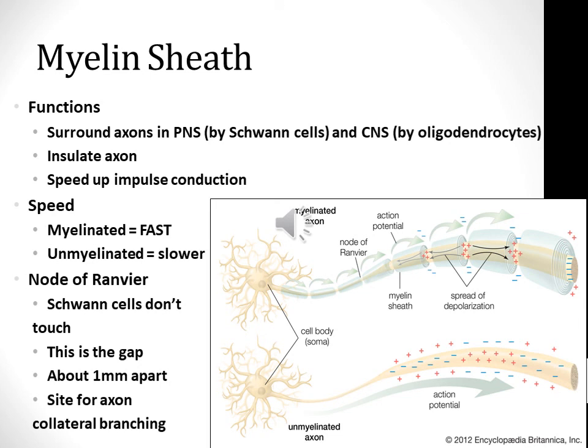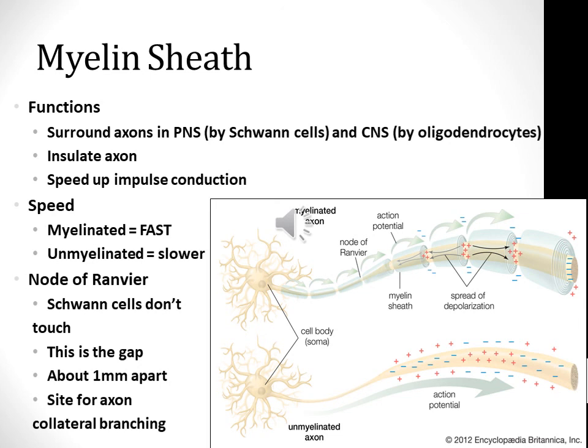Okay? The node of Ranvier is that space that I showed you in that previous picture. And this is because your Schwann cells don't actually touch one another. So there's gaps of exposed axon between the myelin coverings. They're typically at pretty regular intervals. And this is a site for the very rare occasional axon collateral branching. This is a place where a single axon could branch.